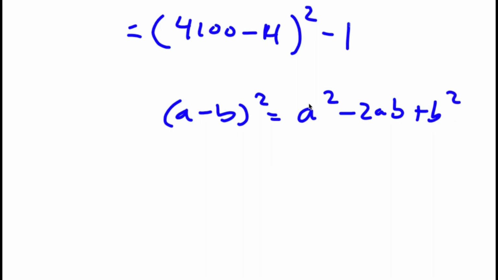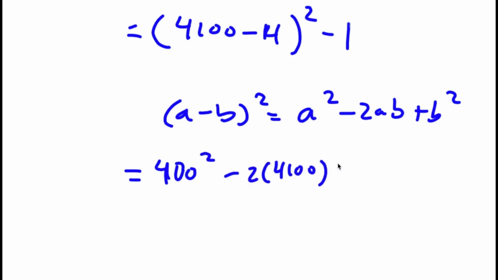So we have 4100 minus 4 squared. So this is going to equal 4100 squared minus 2 times 4100 times 4, plus 4 squared.